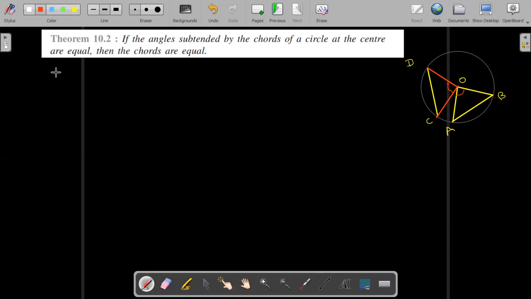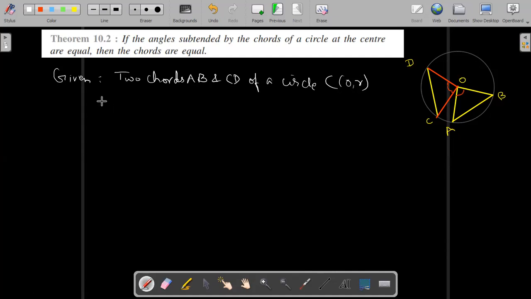So we will write what is given. We are given two chords AB and CD of a circle with center O and any radius R, such that they are making the same angle.